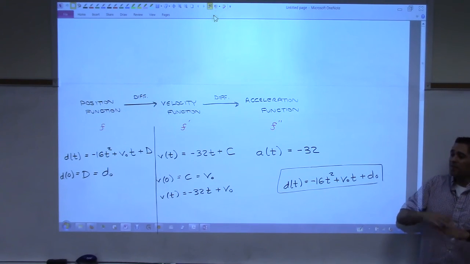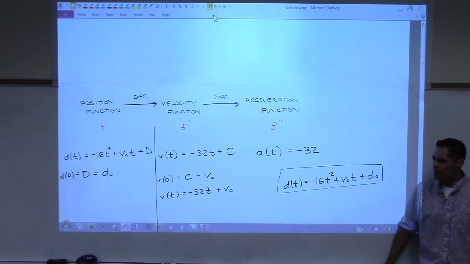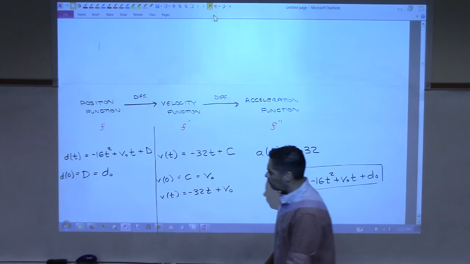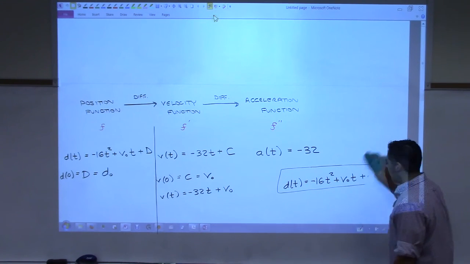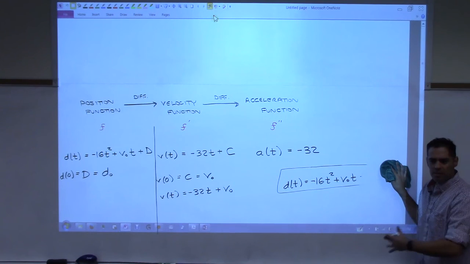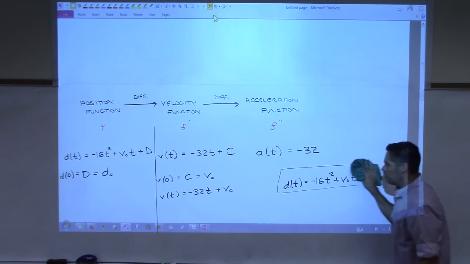I can tell you where it was at every point in time. Does that seem amazing to you? It seemed amazing to me when I first learned it. It seems like you would need to know more, right? But you don't. Hopefully that gives you some value to how antiderivatives could help us recover position functions.